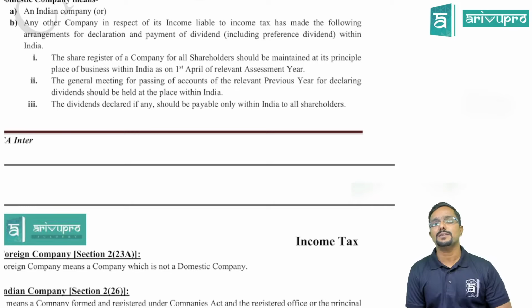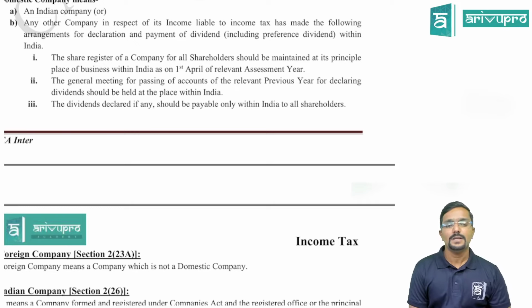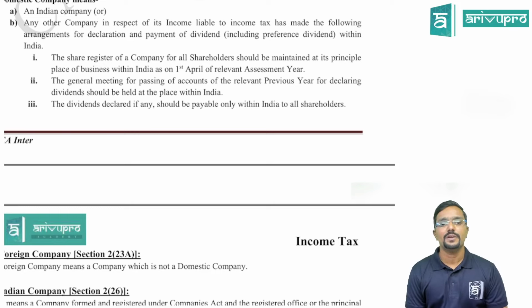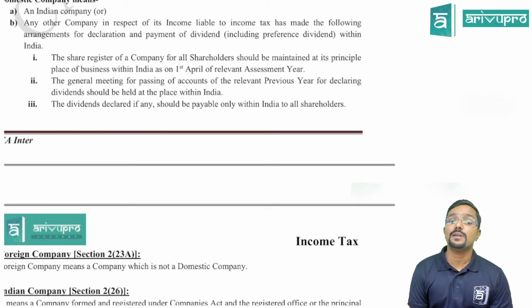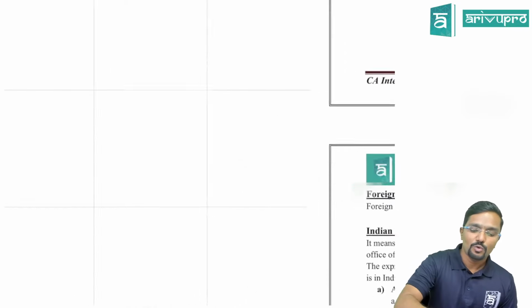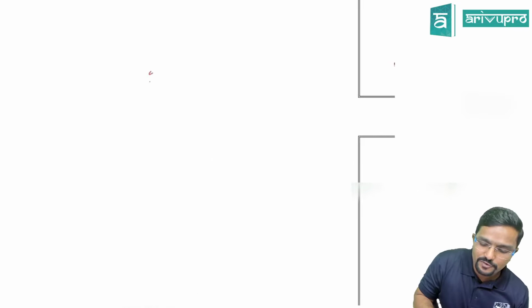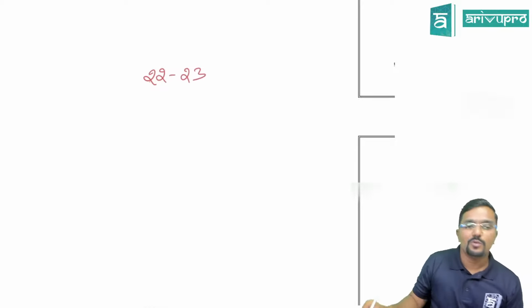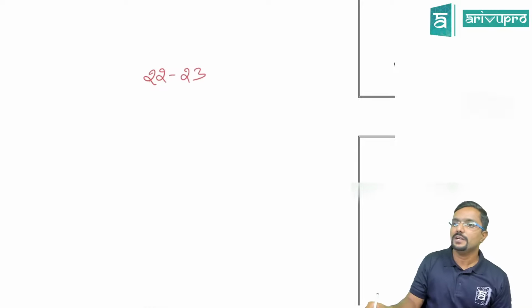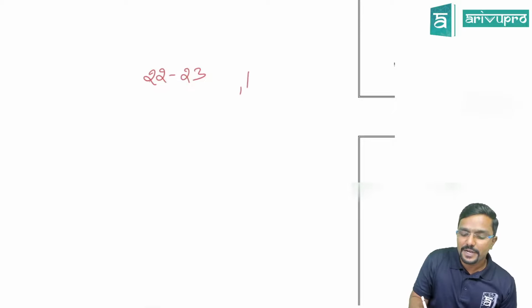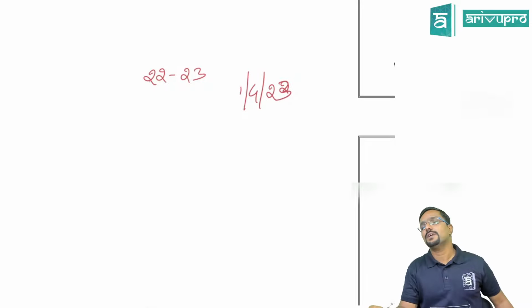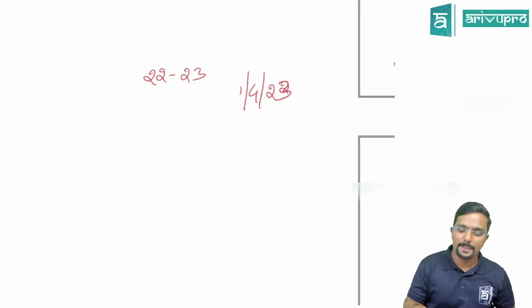Share register is the register where the names of the shareholders are maintained. The share register of a company for all the shareholders should be maintained at its principal place of business, we call it the corporate office, within India as on 1st April of the relevant assessment year. So for example, whoever was the shareholder for previous year 22-23, the share register has to be maintained in India as on 1st April 23, as on the first day of the relevant assessment year. Okay.